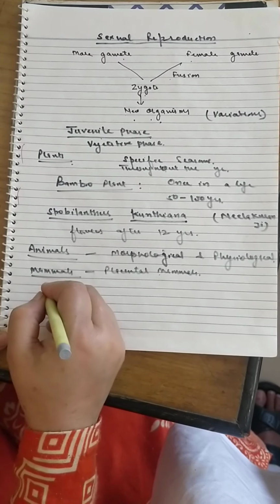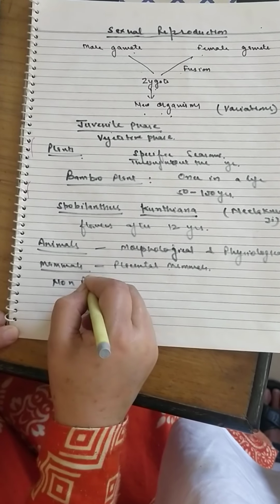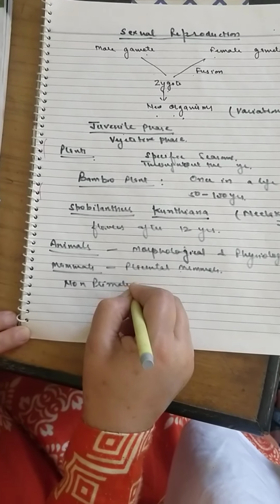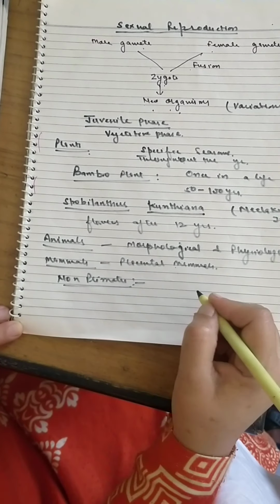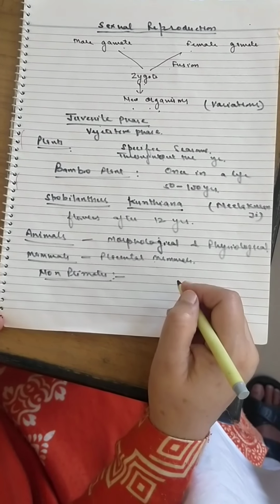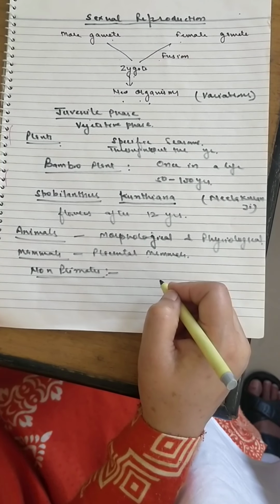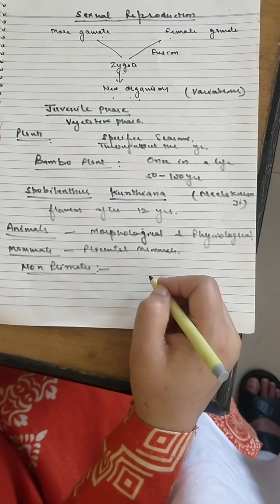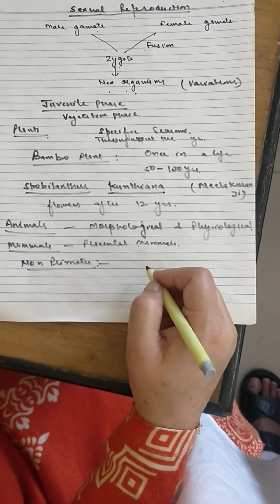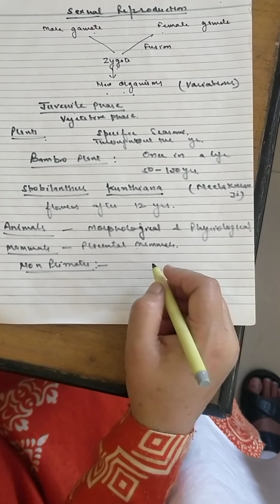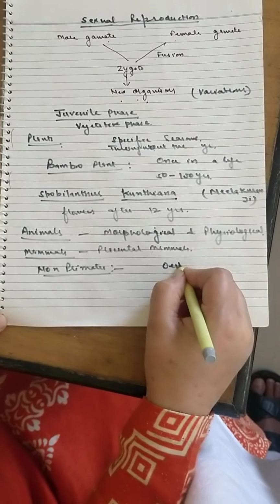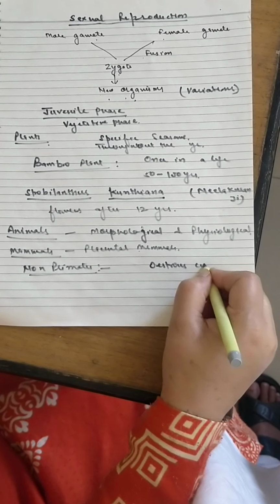In non-primates, one group of mammals, such as cow, sheep, rats, deer, dogs, tiger, etc., the cyclic changes during reproduction are called the oestrus cycle.